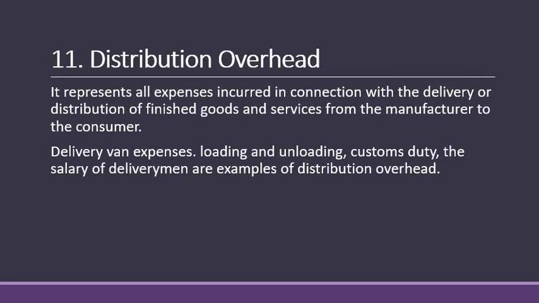The expenses incurred during the distribution of these finished goods and services are called distribution overheads. Delivery van expenses, loading and unloading, custom duty, the salary of the delivery man, all these are examples of distribution overhead. Whichever cost is incurred during the distribution of the product to the customer is called distribution overhead.